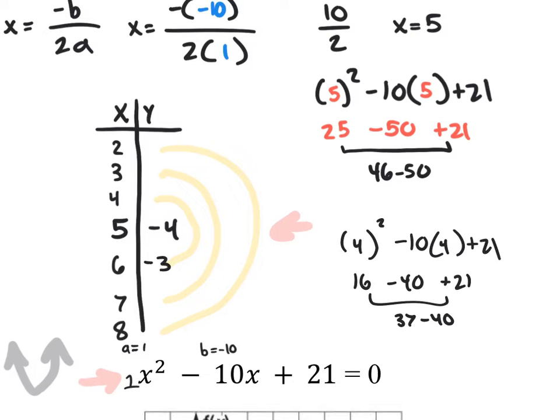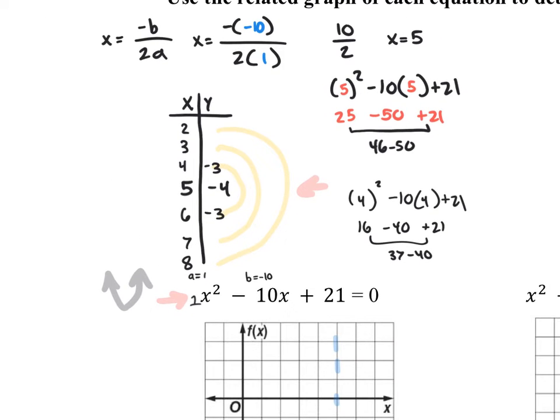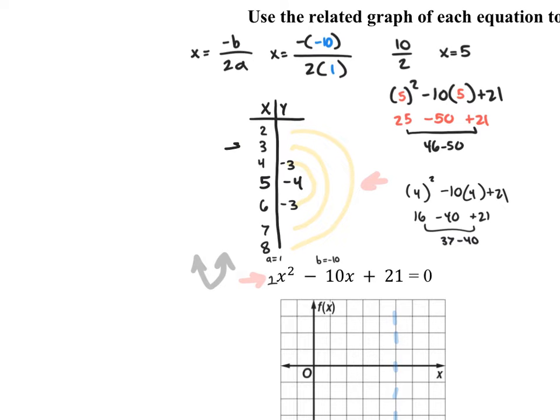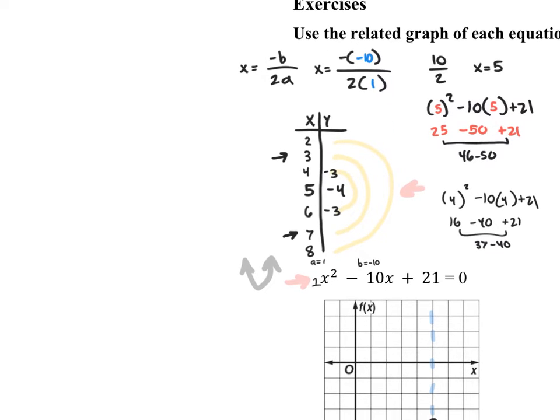We'll get a negative 3 and a negative 3. So I'll need to keep going because I haven't found a 0 in the y spot yet. So let's try 3 and 7. I'm going to pick 3 because it is a smaller number. So here's the 3. Got 9 minus 30 plus 21.